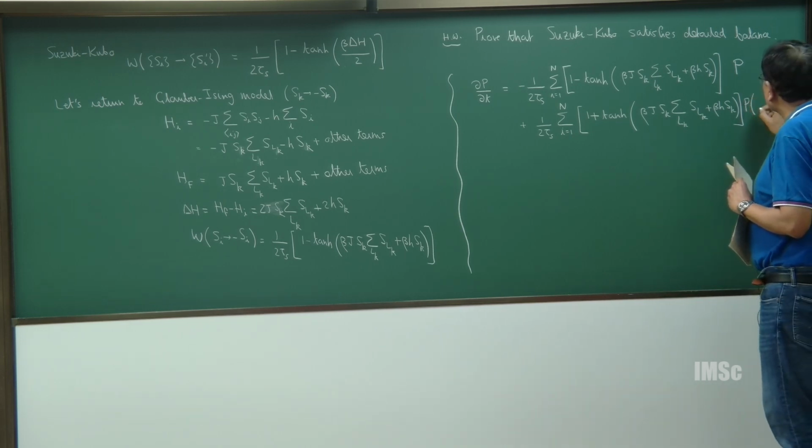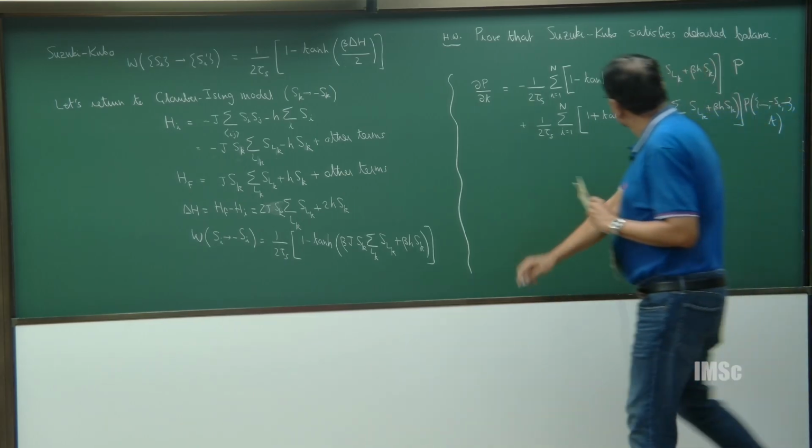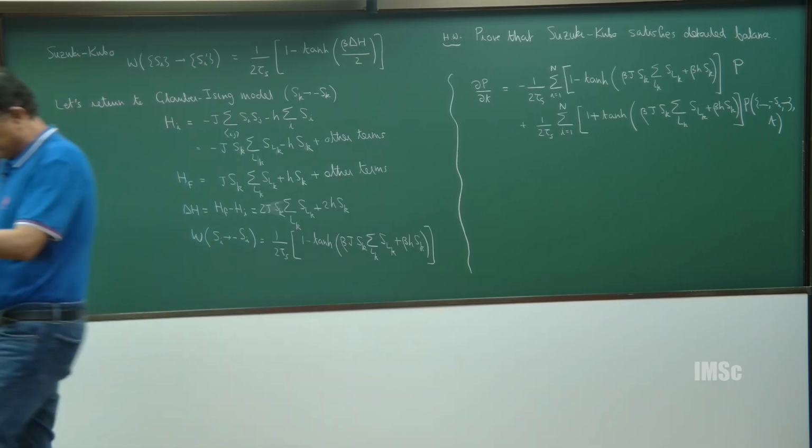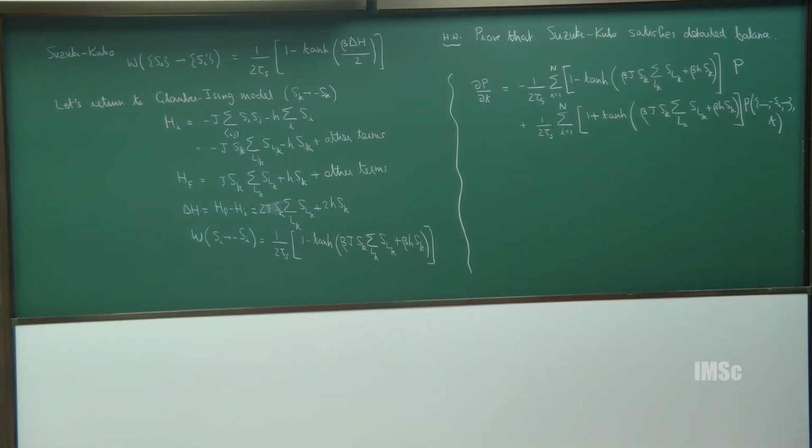Let me remind you what that state is. It's identical in all respects to this state, except the ith spin is flipped, comma t. That's the master equation with the Suzuki-Kubo form.